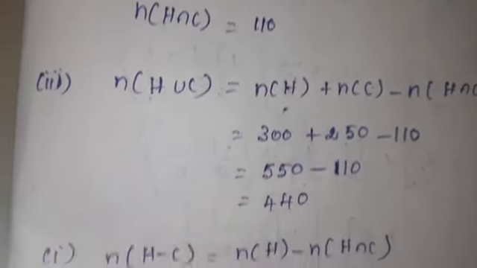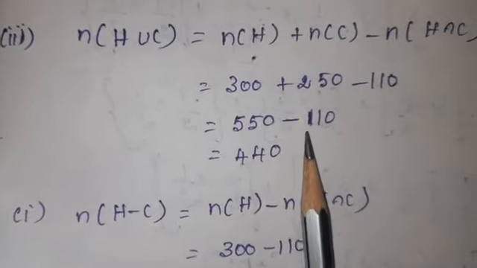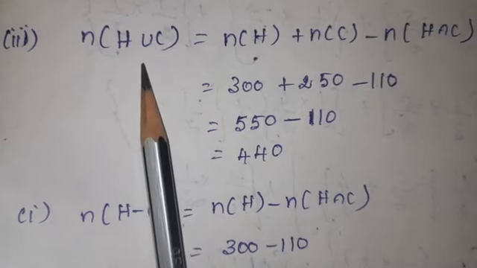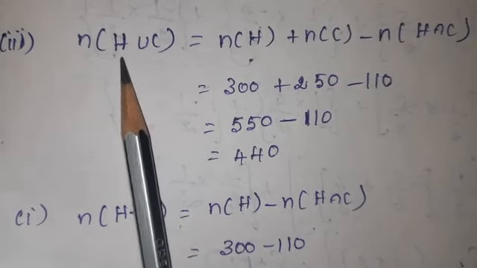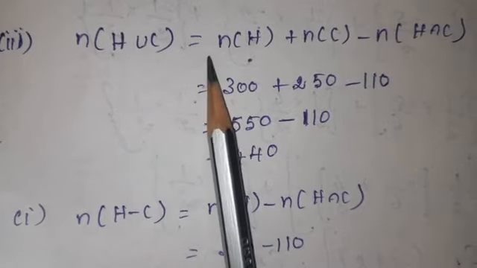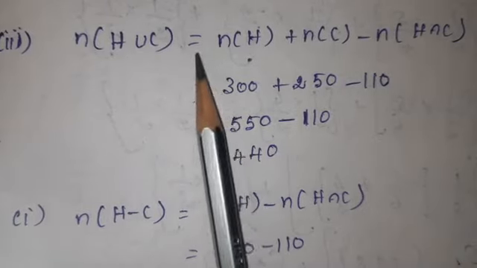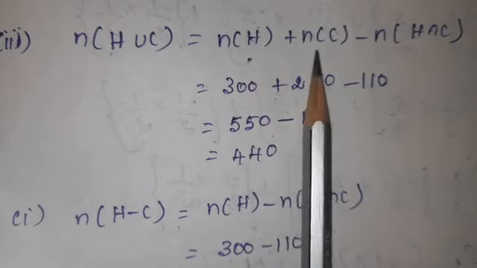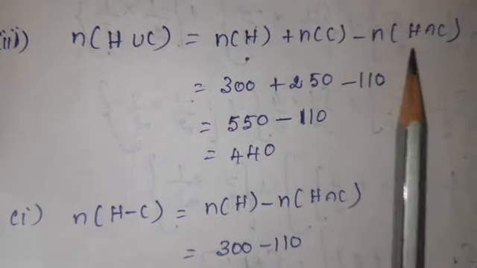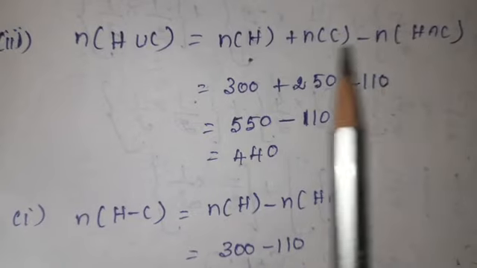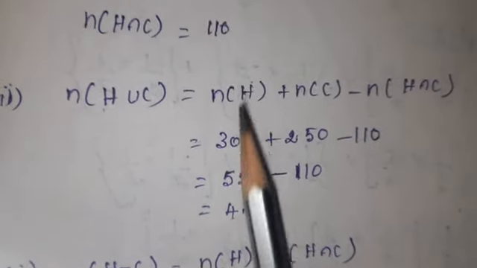Here first I am finding the total number of students in that school. Total means union, n of H union C, that is hockey union cricket. You know this formula. You should apply that formula: n of H union C is equal to n of H plus n of C minus n of H intersection C. n of H we wrote is 300.